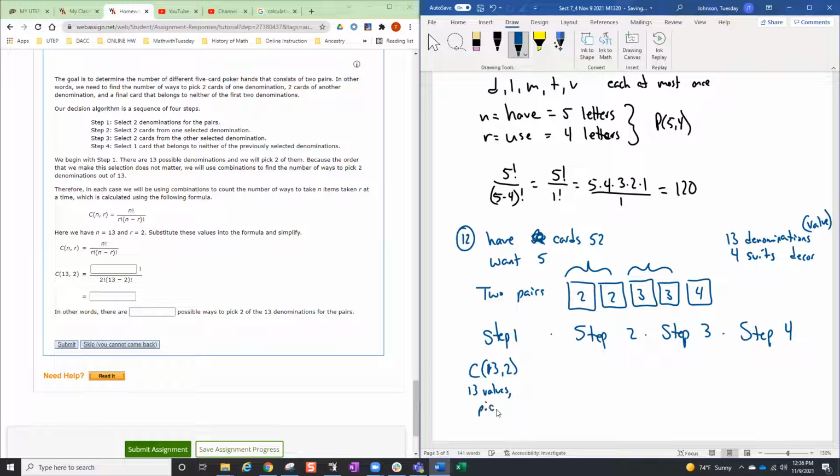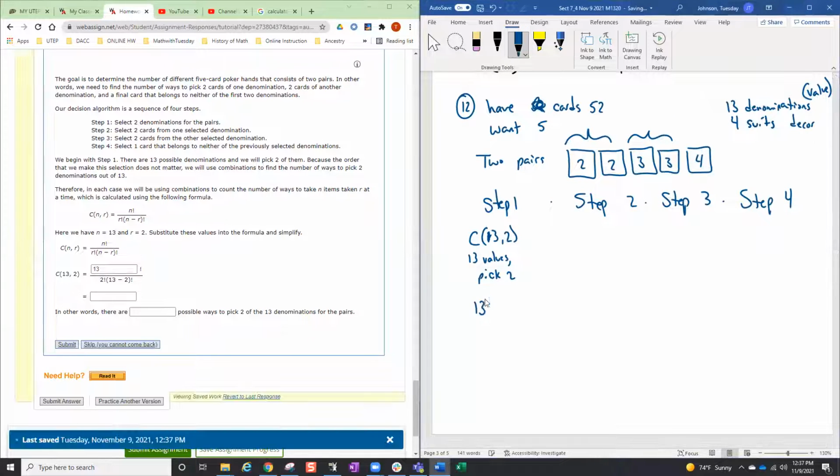This is step 1, picking 2s and 3s. To fill it in, the n value is 13, comma 2.